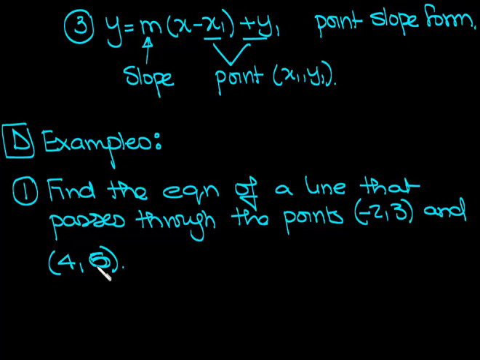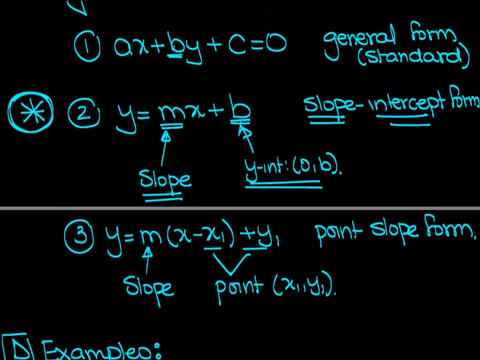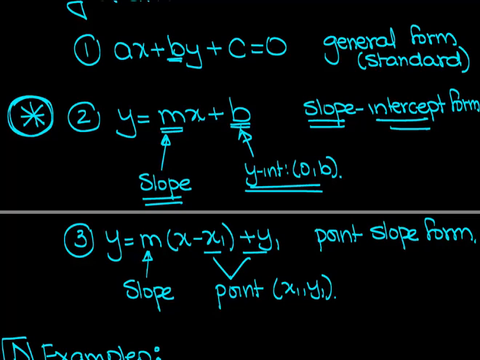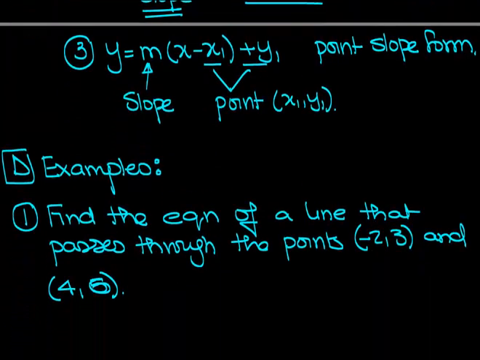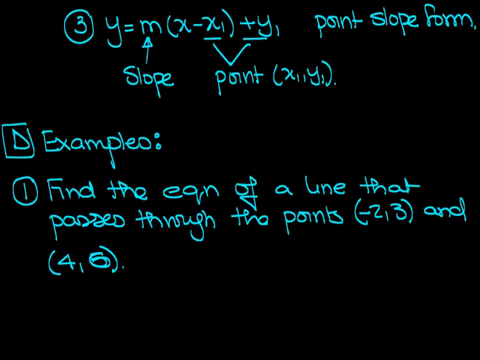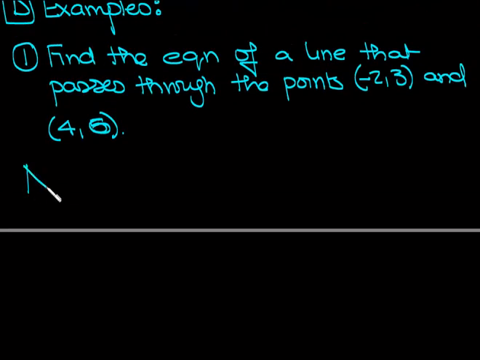Now if you look at all of these methods to represent the equation, we can also, like I said, use all of these equations to find the actual equation of the line if we're given some information. So to find the equation of a line, always remember, I'll just put a note.